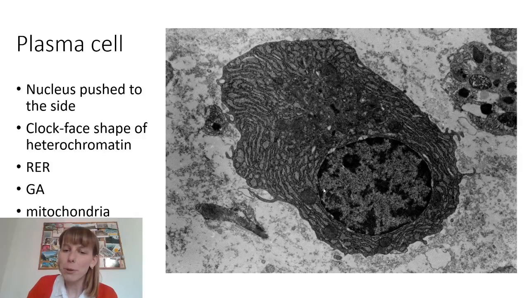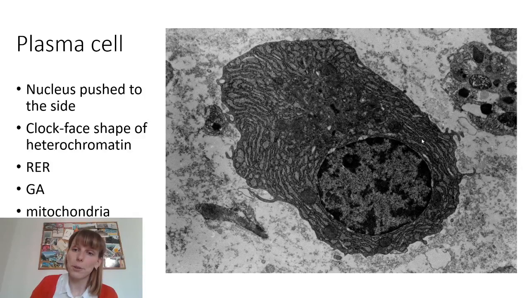And importantly, the nucleus is not located in the center of the cell, which is the usual type of morphology, but it's pushed to the side, and it's pushed to the side because all of the cytoplasm here is filled with a lot of rough endoplasmic reticulum. So plasma cell is producing a lot of antibodies, which are transcribed from euchromatin and then translated on the rough endoplasmic reticulum.